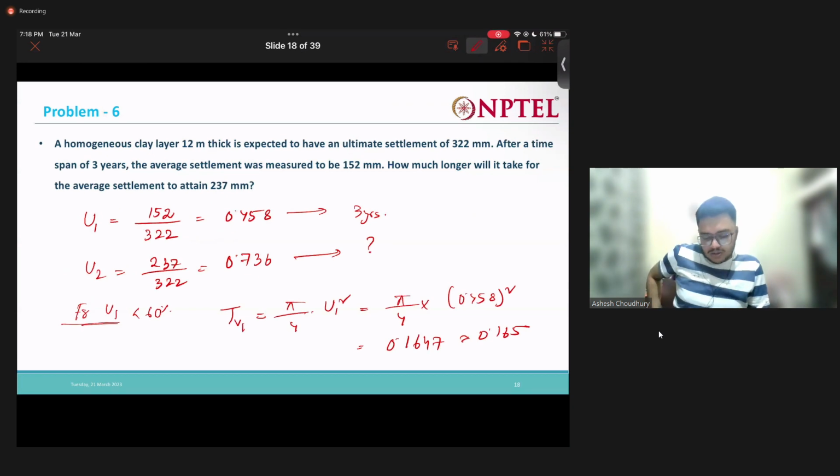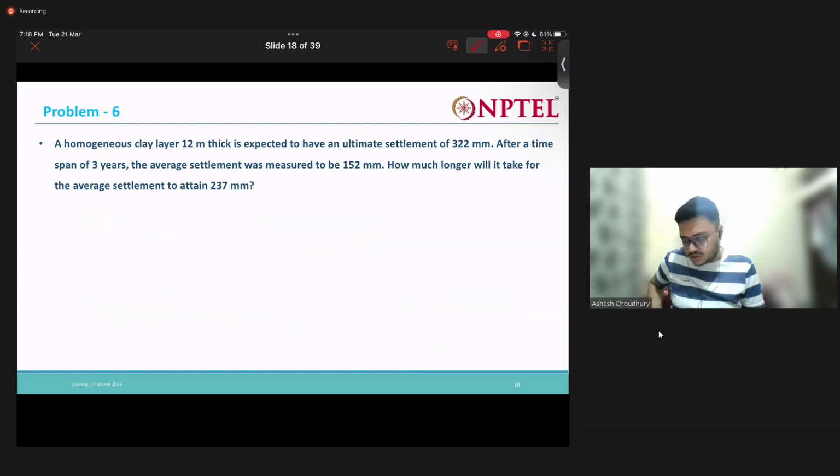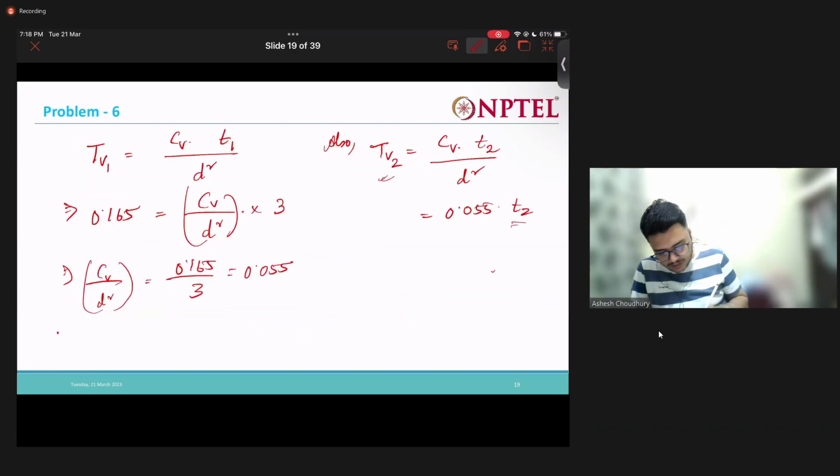Now see, this U2 is actually greater than 60%, right? So we need to use the other relation. So what was my other relation? TV2 is nothing but 1.781 minus 0.933 log 10 of 100 minus U%.